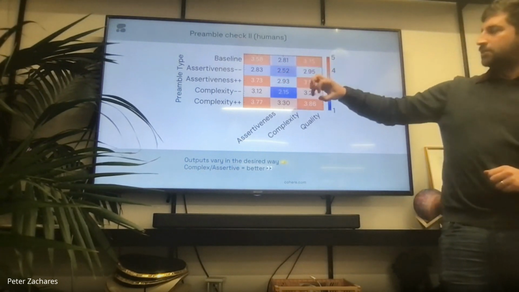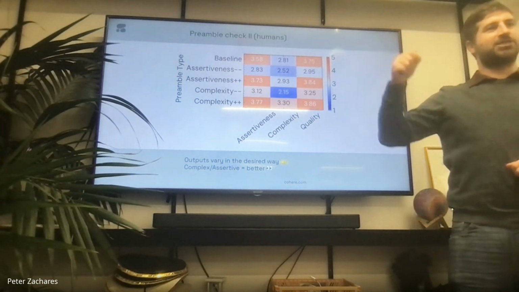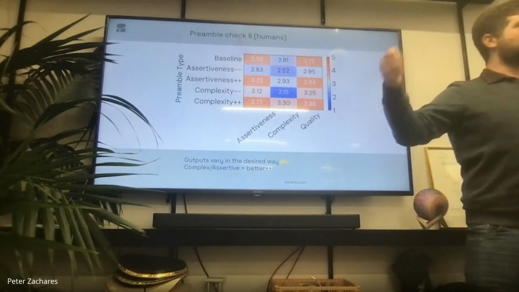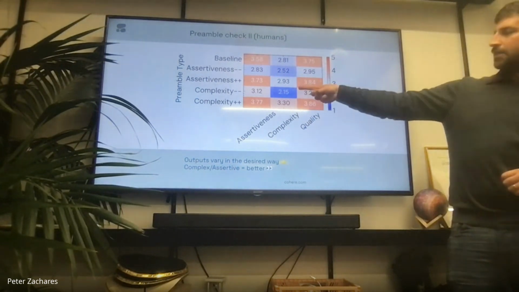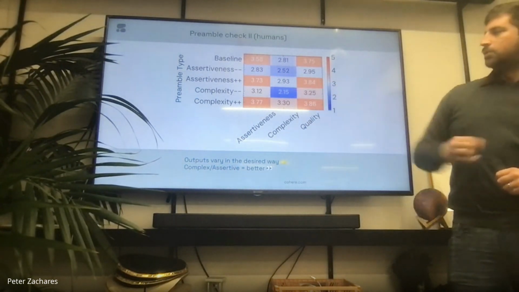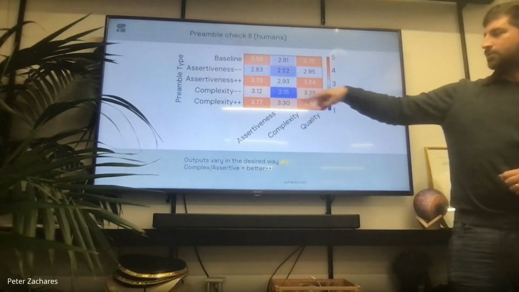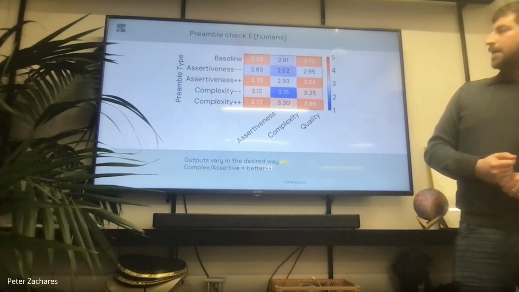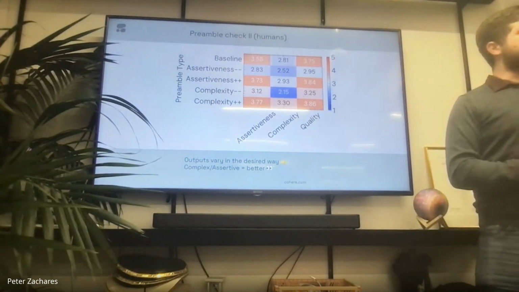So basically, the human judgment is matching the way we expect it to work if the preambles are working properly. And we see the same for complexity. The complexity score for complexity minus is a lot lower than the baseline, and the complexity plus score is higher. The interesting part is when it comes to overall quality.